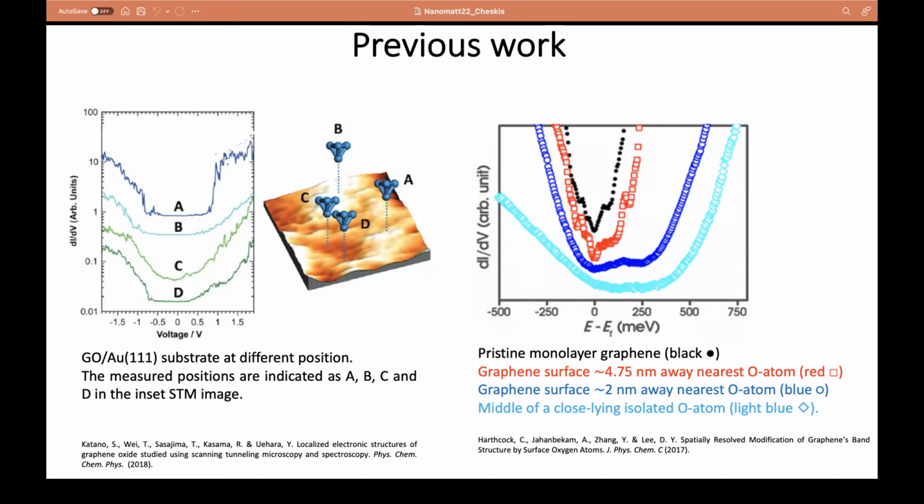It means that we don't have a Dirac point, we have a band gap, and moreover, this band gap has additional energy levels, or oxygen group levels. This band gap is pretty big, and we have many energy levels, oxygen levels, inside this band gap.